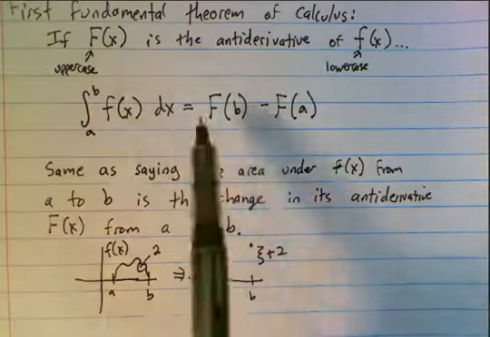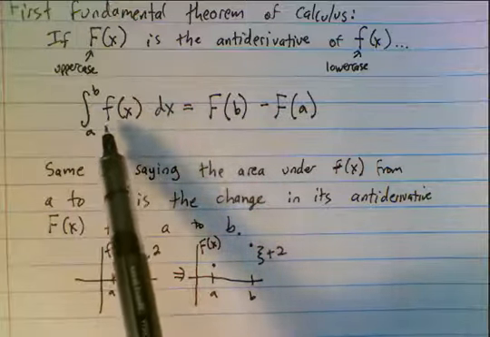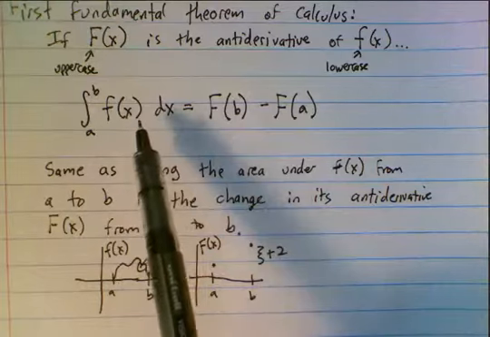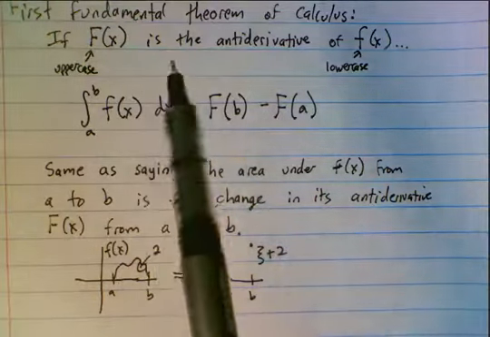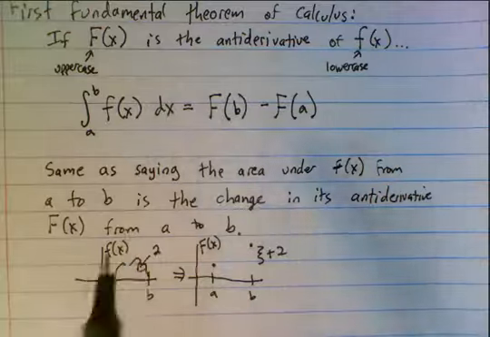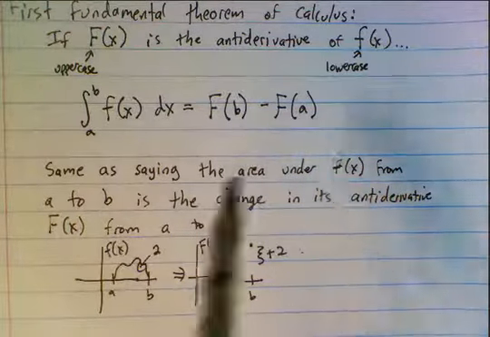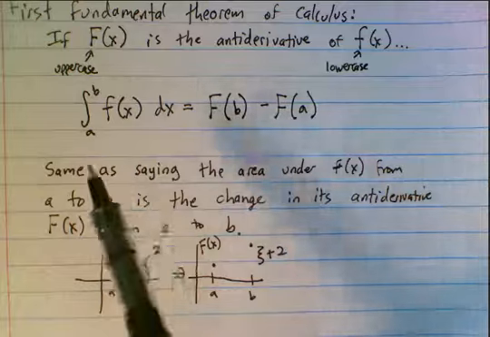If we're looking for the area under the curve and we have an equation for lowercase f of x, if we can take the antiderivative using those techniques that we worked with earlier, then we can just plug in these numbers and subtract them, and boom, there's our answer. We don't have to do Riemann sums anymore.